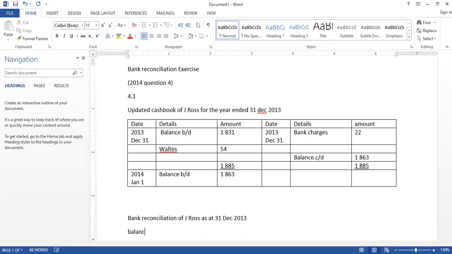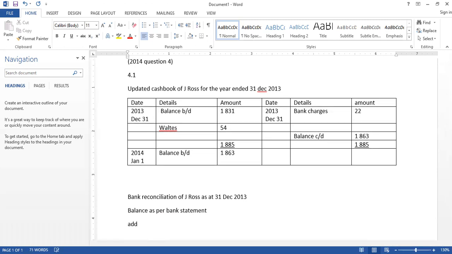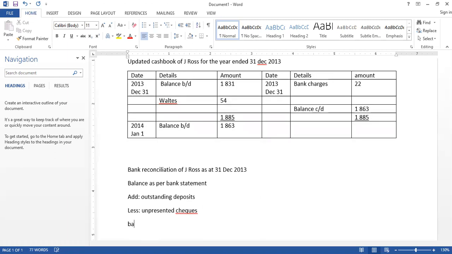Now the formula of drawing up a bank reconciliation is fixed. You have balance as per bank statement, add outstanding deposits, less unpresented checks, and then what you get is the balance as per cash book.